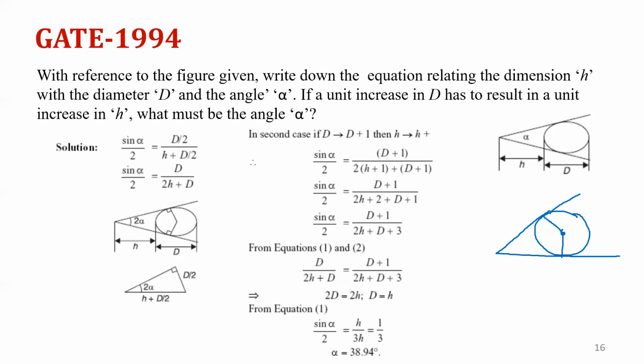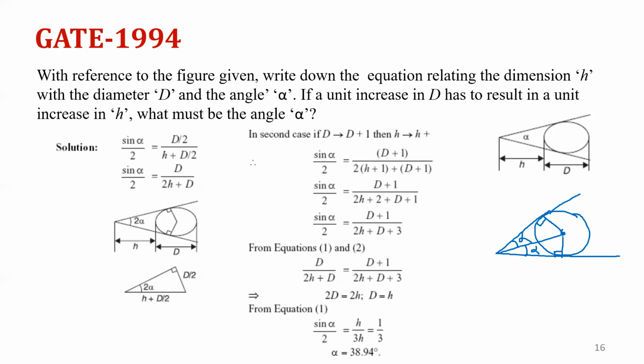Here is 90 degrees and here also 90 degrees. So the total angle is 2 alpha. So this is alpha, and this is also alpha. From this, you can find out.